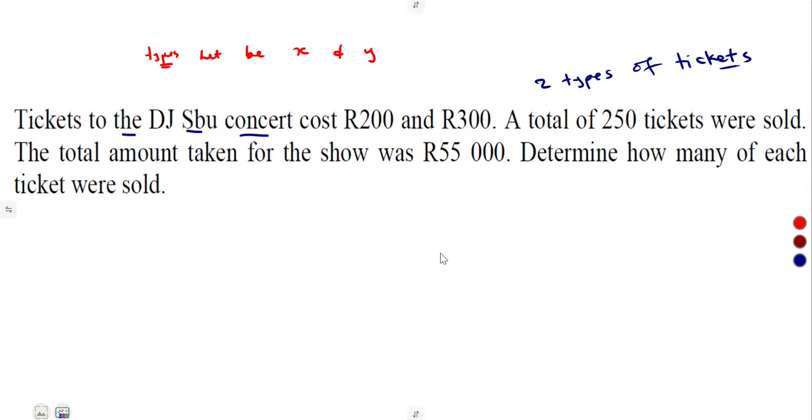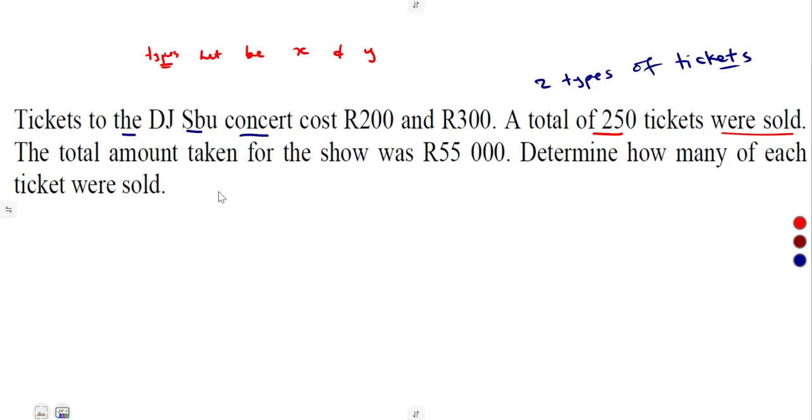So they are saying a total of 250 tickets were sold. So here it is on the tickets that were sold, 250. The two types that we have.